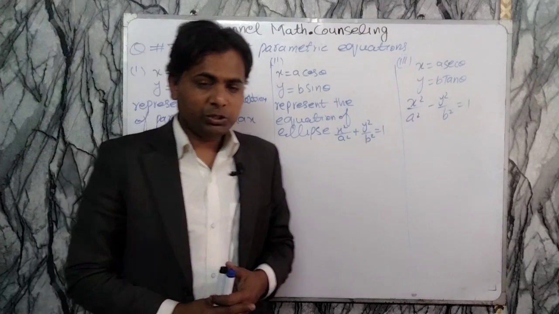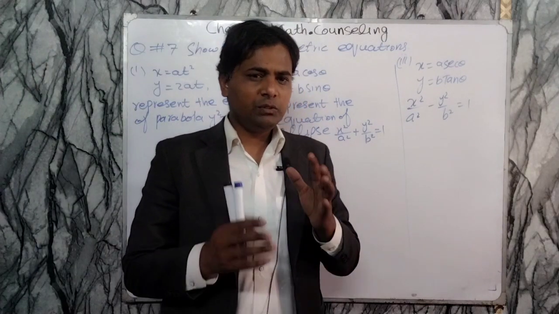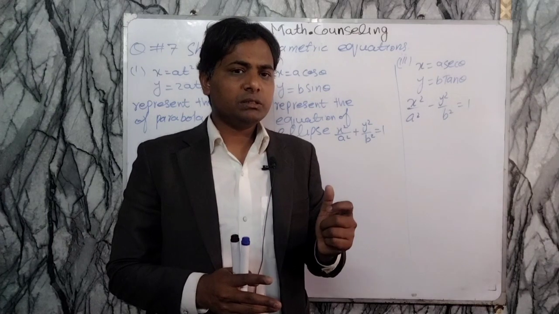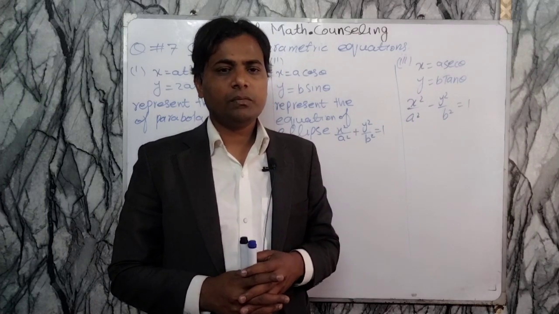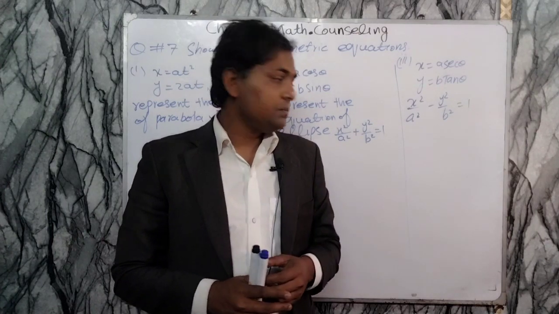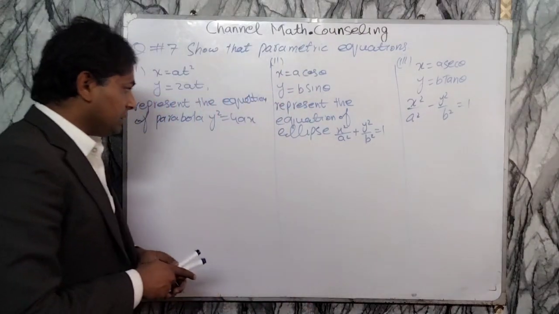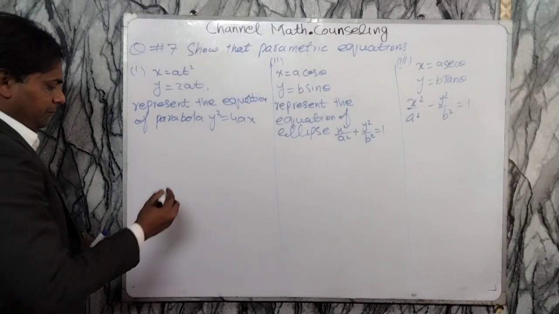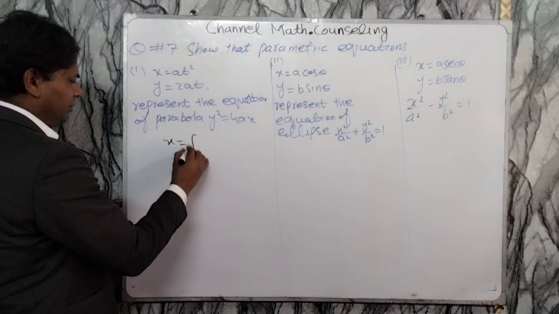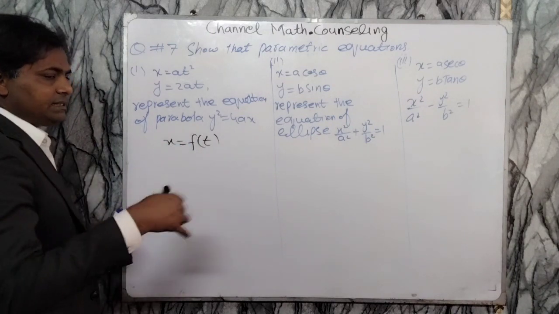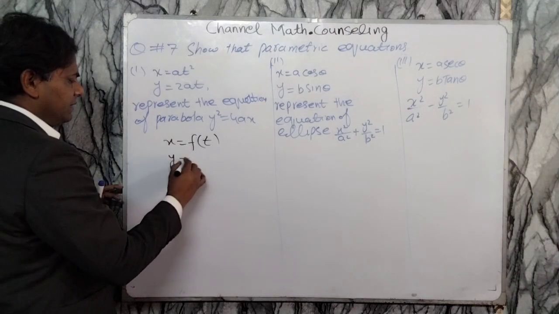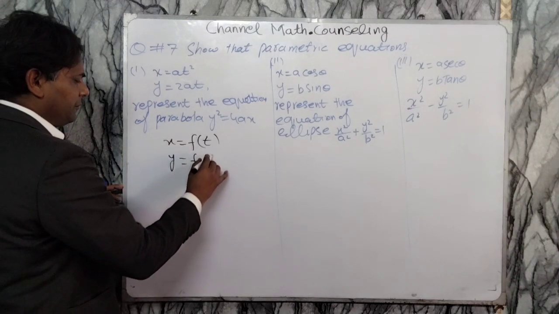Parametric equations are those equations in which two different variables are the functions of a single variable. For example, I am going to give you an example of parametric equations. If x is a function of t, so t is any variable, x is also variable, y is equal to f of t.